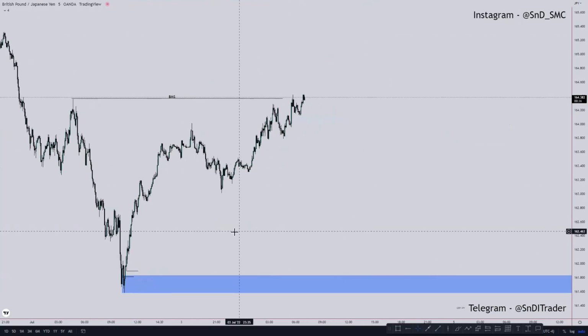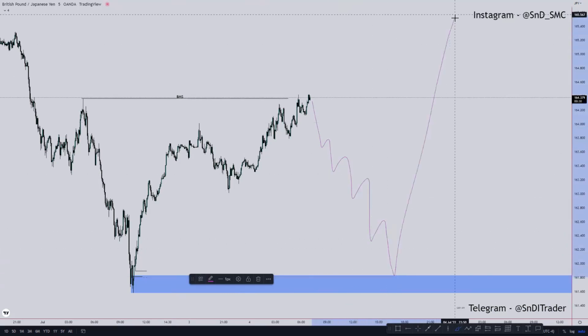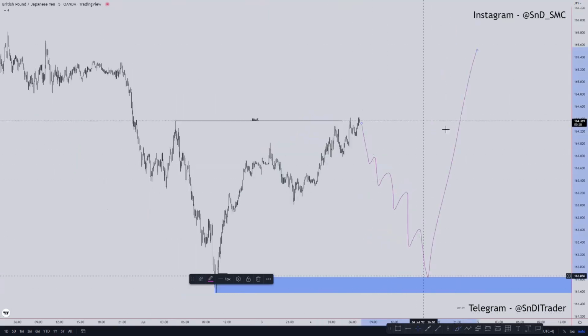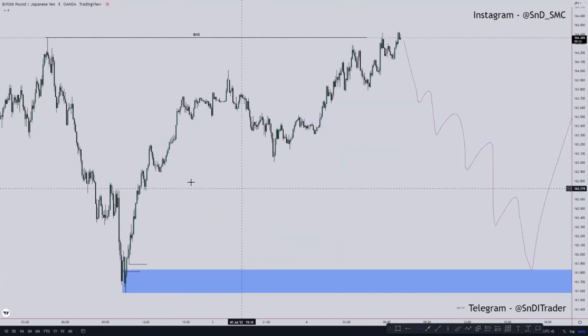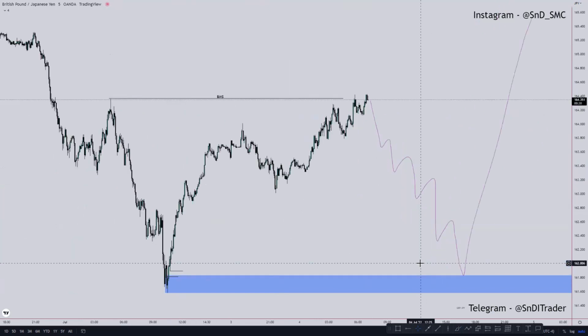Probably market can come here, mitigate this zone, and go upside. So that is just how I select the zones. I will wait for market to come here and give some sort of reaction, then I will go for any trade. But I will open probably 0.25 lot, like 0.25% of my risk, as a limit order.